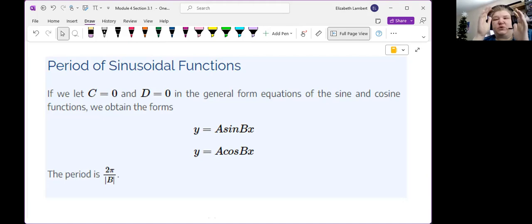That was because there was a way to move numbers inside a function to outside a function. So there's some way to write horizontal and vertical stretching the same way. Trig functions won't let you do that. There is no nice way to take a number out of a trig function.